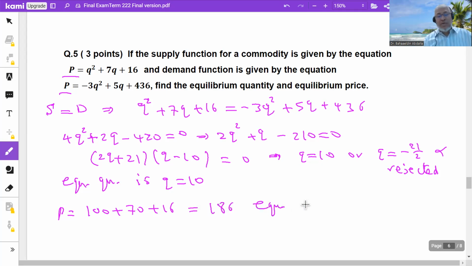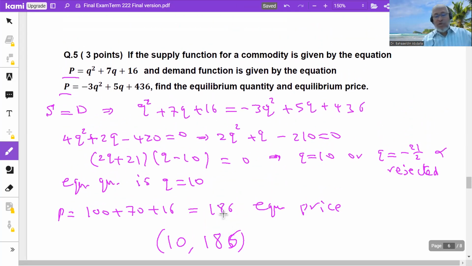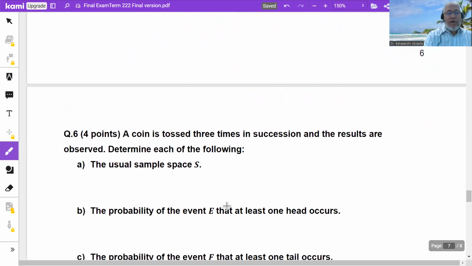So this is the equilibrium price. If you want to write it as a point, the equilibrium quantity is 10, the equilibrium price is 186, and this is the equilibrium point. But you don't need to do that, because he just asked for equilibrium quantity and equilibrium price.